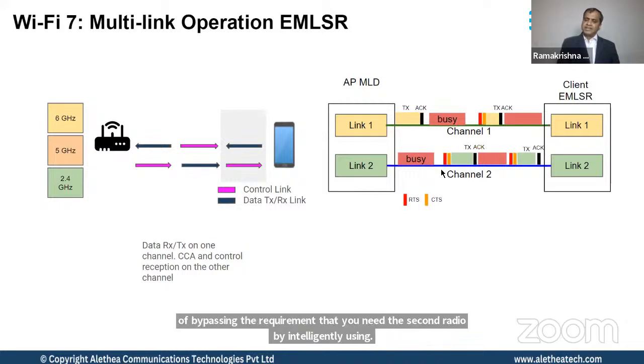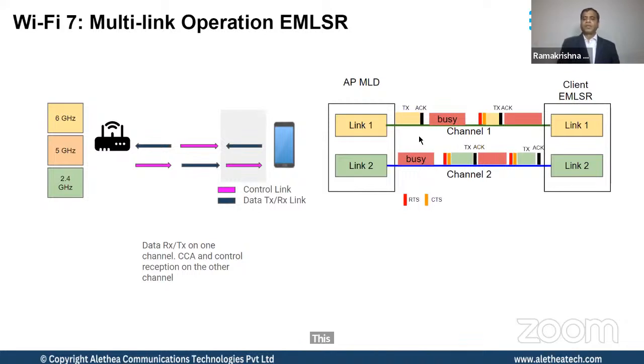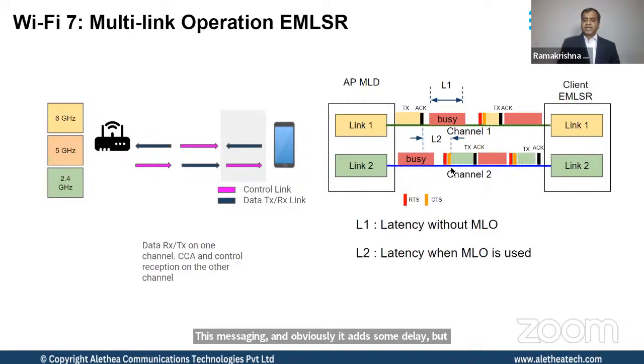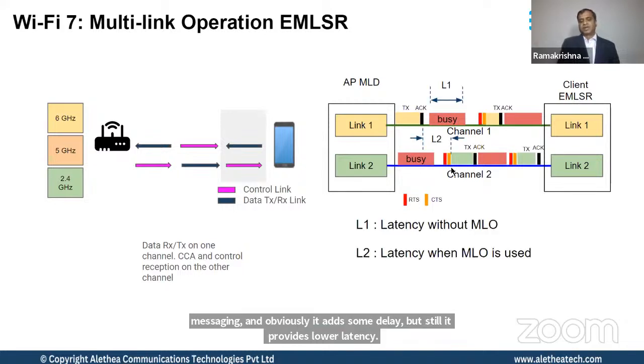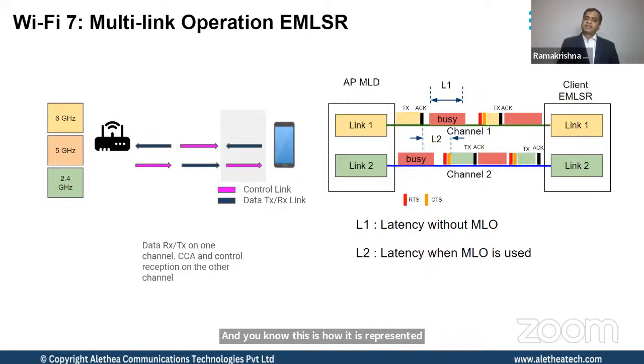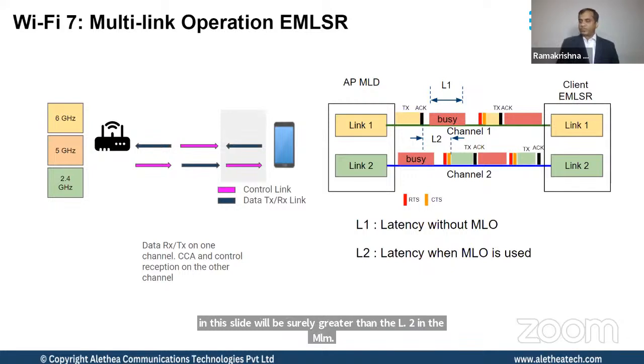Obviously it adds some delay, but still it provides lower latency. And this is how it is represented. The L2 in this slide will surely be greater than the L2 in the MLMR STR slide, but not by much.